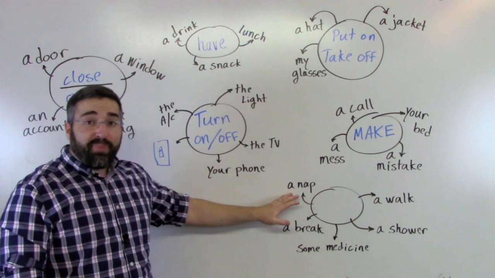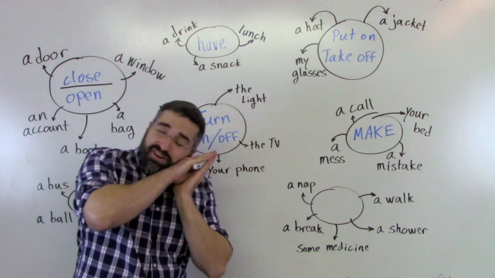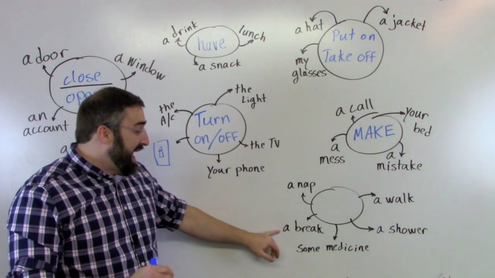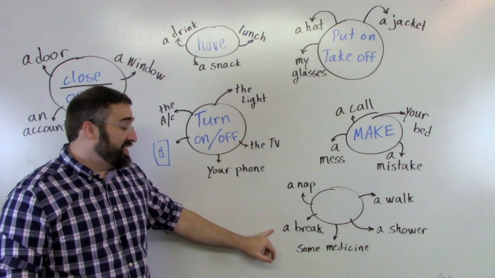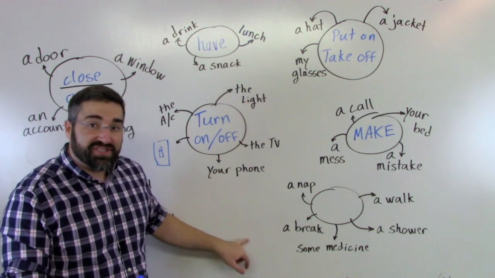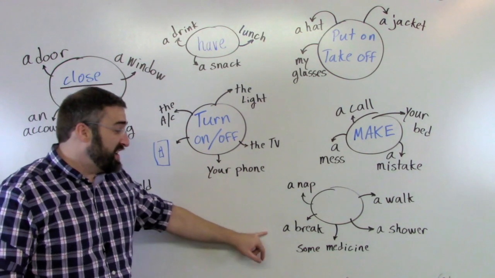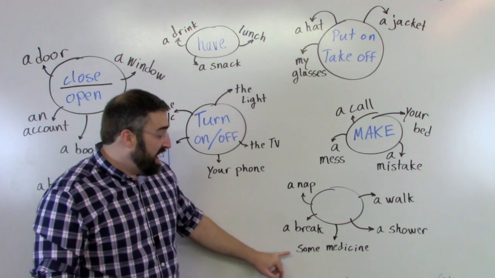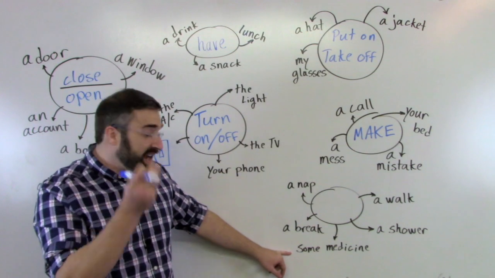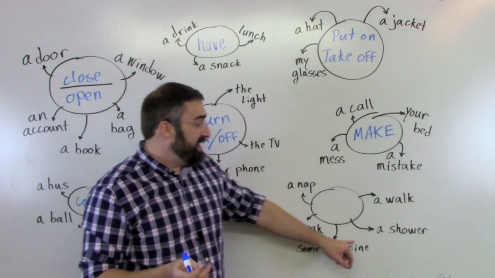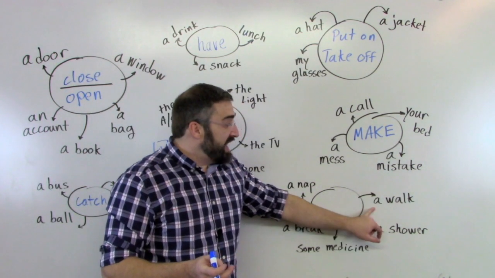We have a nap, right, which is a short little sleep, and we have a break. I think you guys are going to know what goes with a break because you like this one a lot, and your teachers have probably said it, or you hear someone else say blank a break, right? Some medicine, a shower, and a walk.